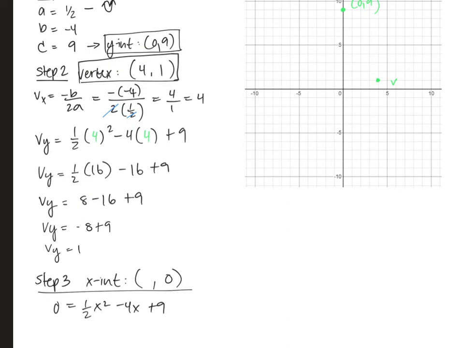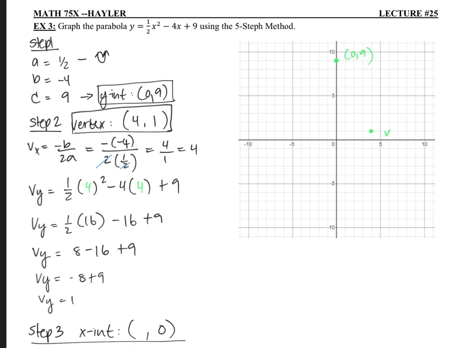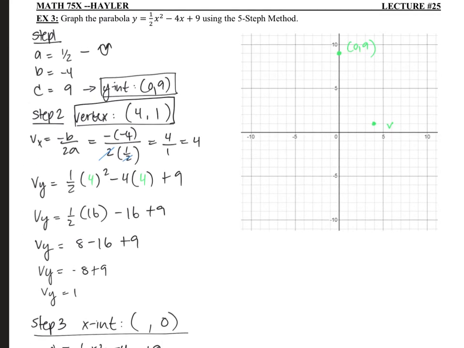But I'm going to pause and ask a question here. Looking at the points I already have for my graph, my y-intercept right here and my vertex right here, and knowing that my parabola opens upwards, I have a question for you. Are we actually going to have any x-intercepts? Because remember, my vertex is my lowest possible point. I can't go to any points lower than this. All I can do is go up.